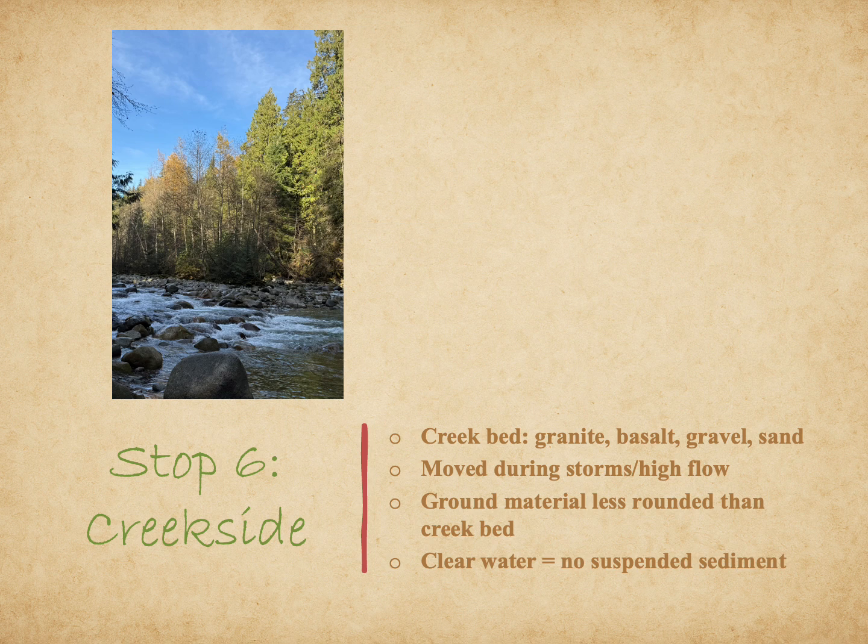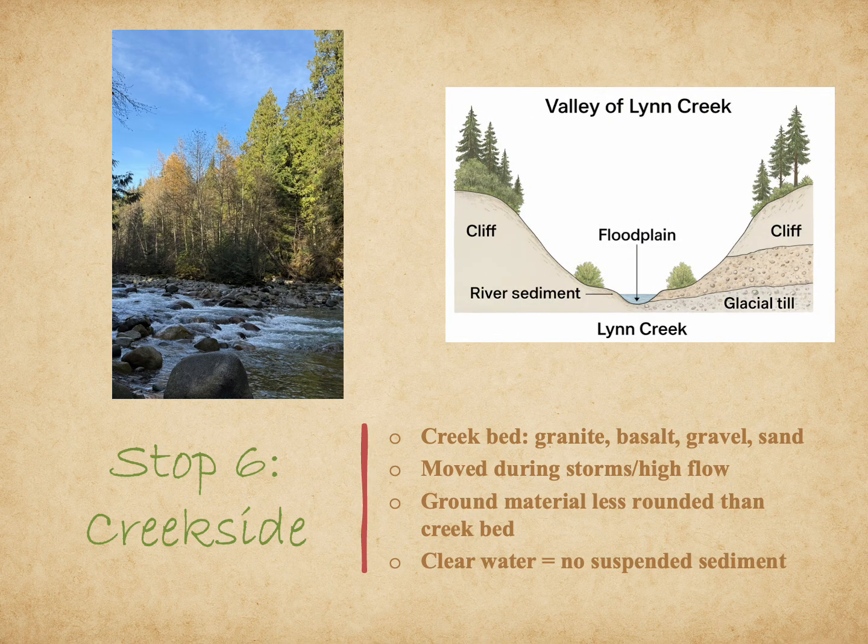Here we have our stop 6, which was the Creekside. At the Creekside, we saw the creek bed having different kinds of rock material, like granite, basalt, gravel, sand, and I do have a clear diagram for this. In this area, there's a wider space, as you saw here.